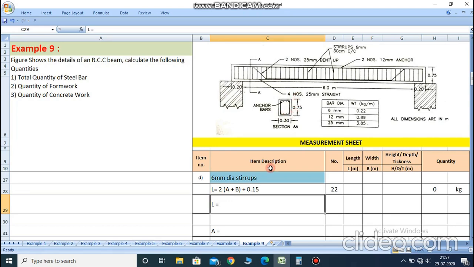For finding out the A value, A is equal to 0.3 minus 2 times cover 0.025, so it's 2.5 centimeter cover, minus 2 times the diameter of the stirrups, 0.006.